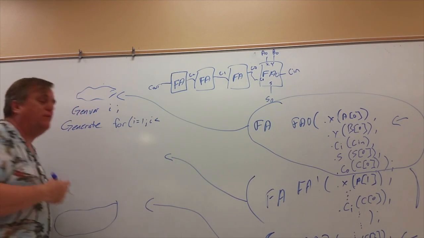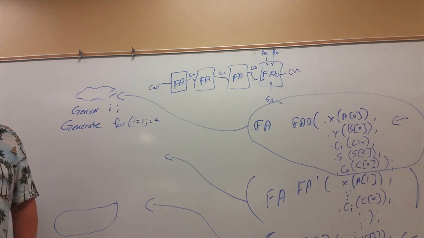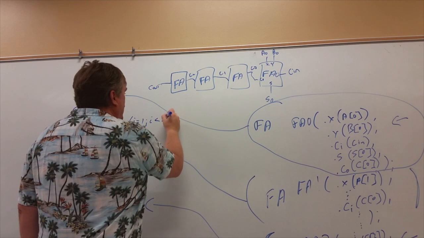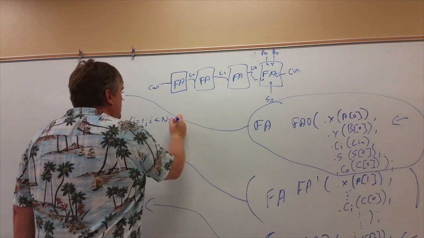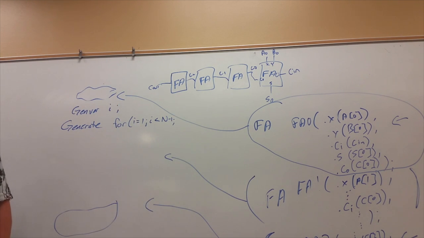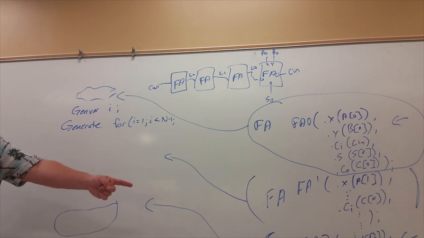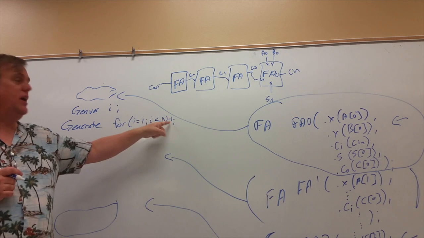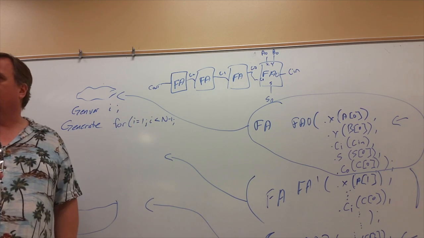So in general, if I had n bits that I wanted to handle, I would have i less than n minus 1. Do we agree? So for 4 bits, that's 4 minus 1 gives me 3. I'm less than, that means I can only run up to 2.